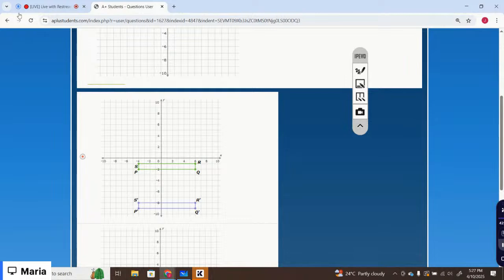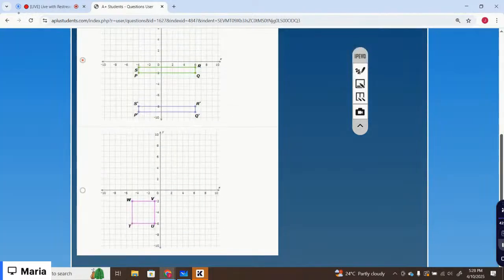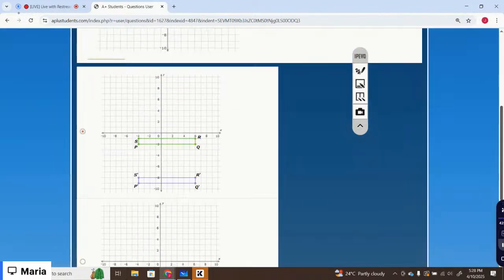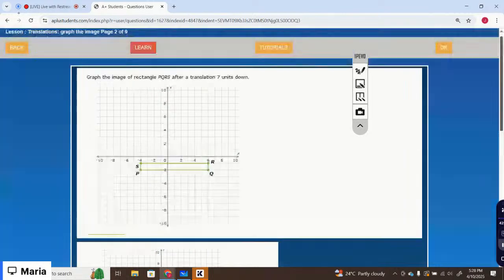Option number one is the correct option. You need to move the points down 7 units. So option number one is the correct option. You can see the second option also, but option number one is the correct option.